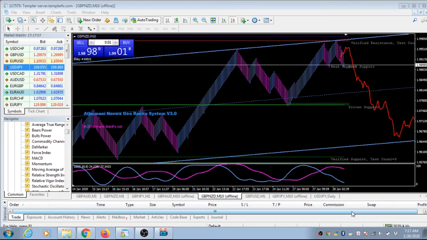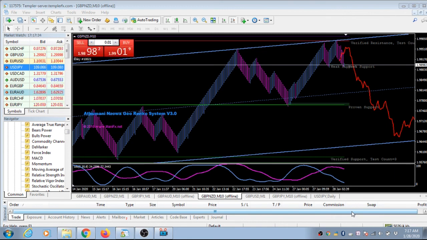Because at the end of the day, I focused on a system that does not need the trader to focus on the news, or to start trading on the news, or to check whether the news is going to go up or down, because I wanted a news-proof system.